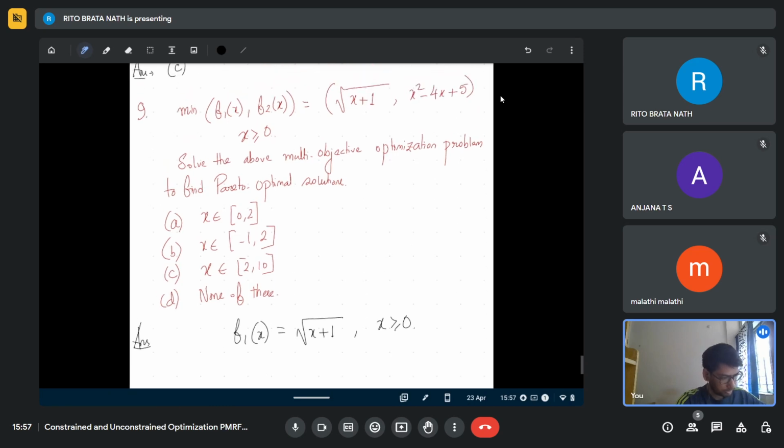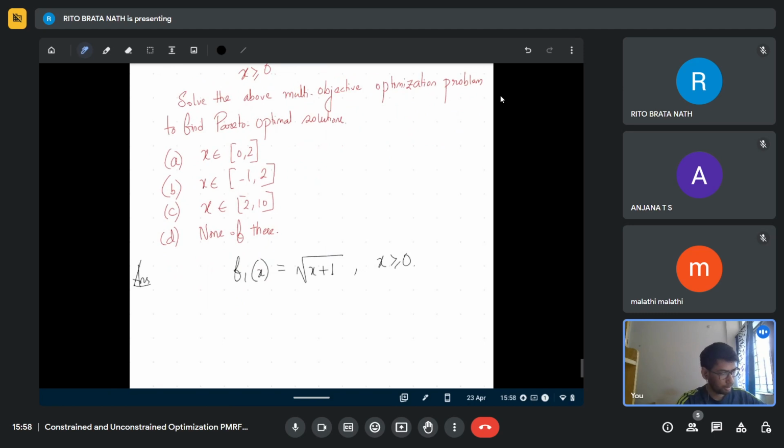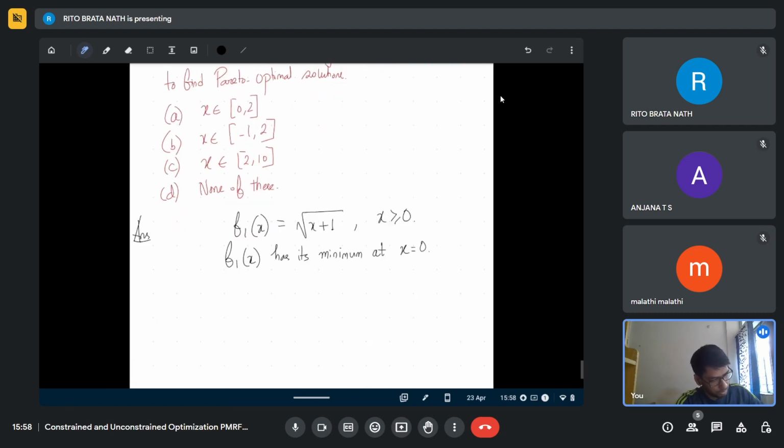Since x is greater than or equal to 0, this function is an increasing function, as you can notice. So f1(x) has its minimum at x equals 0.